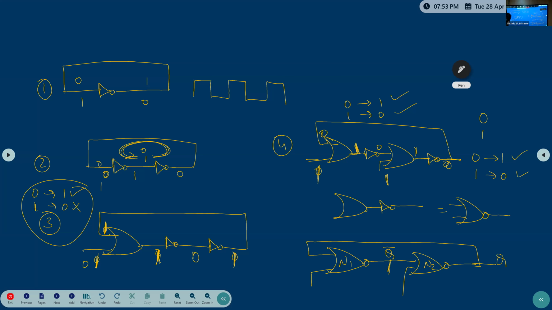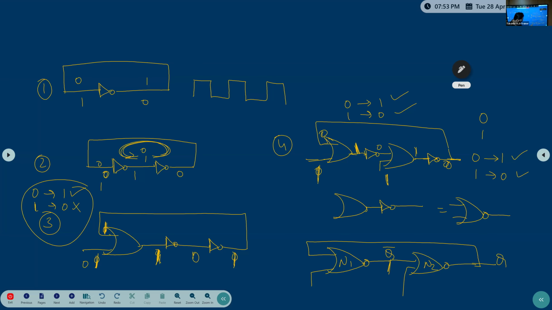The same thing, if I represent here like this, this is Q bar, this is Q, this is one input, this is one input.